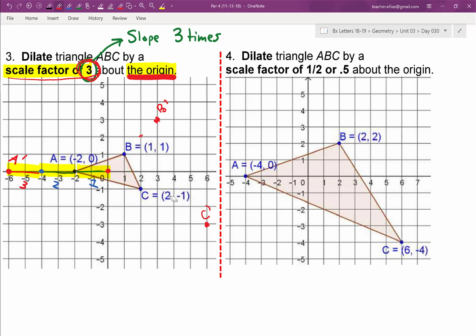Very good. And then you connect them. And then I'm going to ask you, what do you notice about corresponding sides? You'll answer that when you connect.